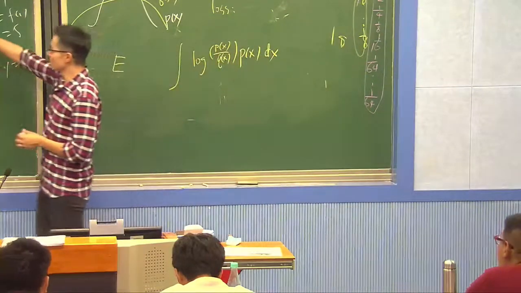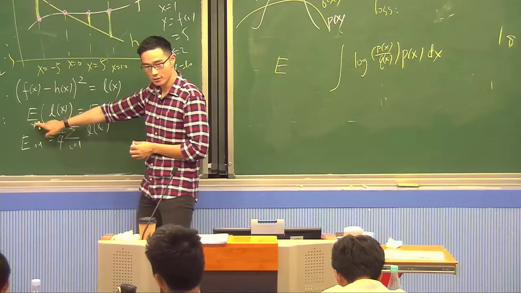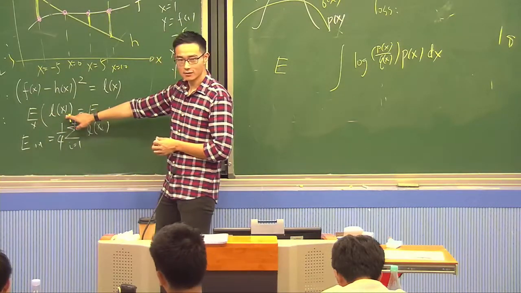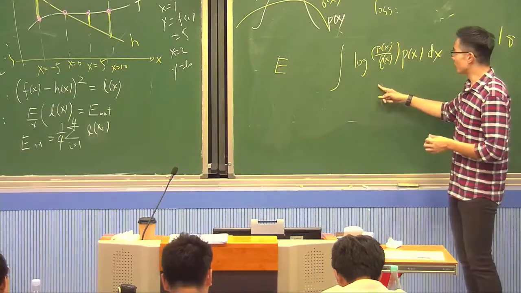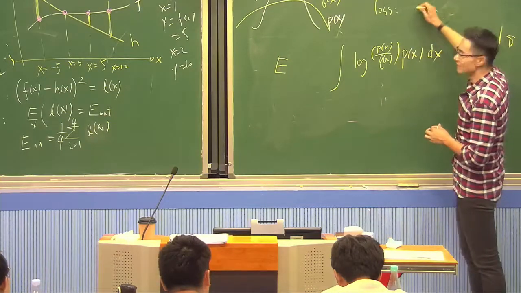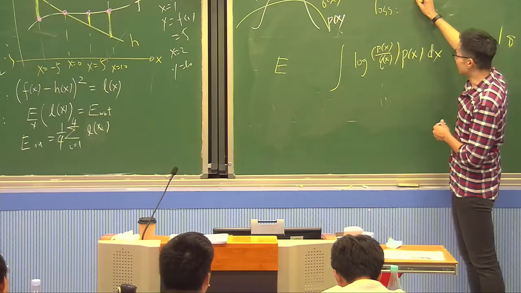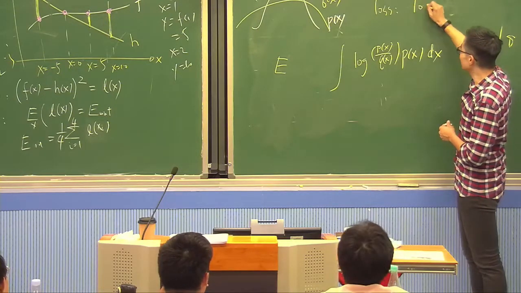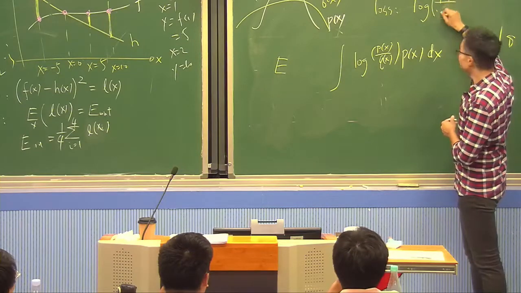Let's come back to this case, right? Between h and f, the error function is the expectation of the loss function, right? Okay. So, if this is the error function, what is the loss function? So the KL loss function is basically log p(x) over q(x).